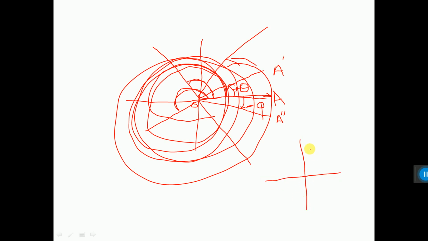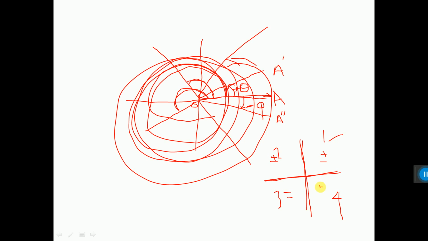See, when I divide the plane into four parts with one horizontal line and another vertical line, then we are dividing the plane into four parts. This is called the first quadrant, this is the second quadrant, this is the third quadrant, and this is the fourth quadrant. This side plus plus, here in the second quadrant minus plus, here minus minus, and here plus minus.